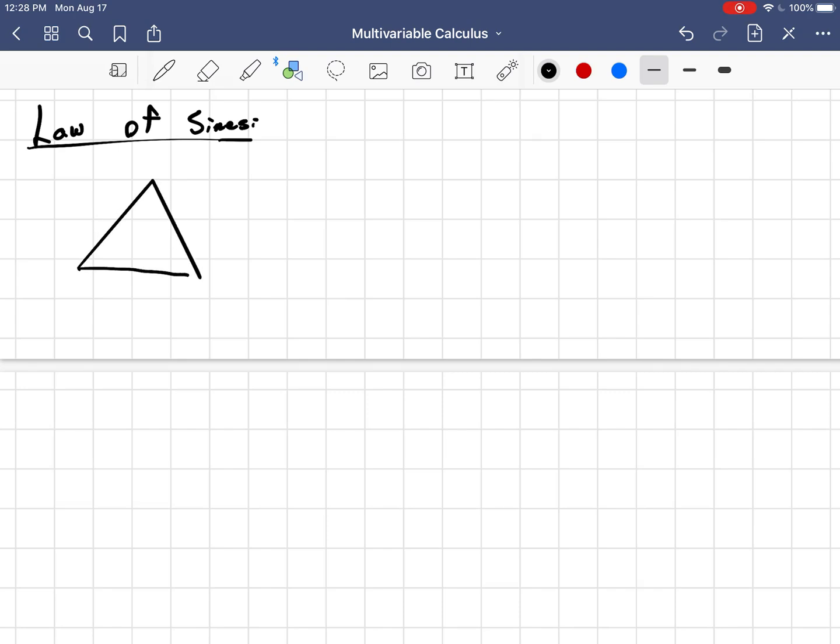It's too straightforward. So we'll call this angle A, angle B, angle C. This is side A, side B, side C. And I always take the time here to remind people that the reason why we labeled the sides opposite of their angle like this is because it makes the most sense.